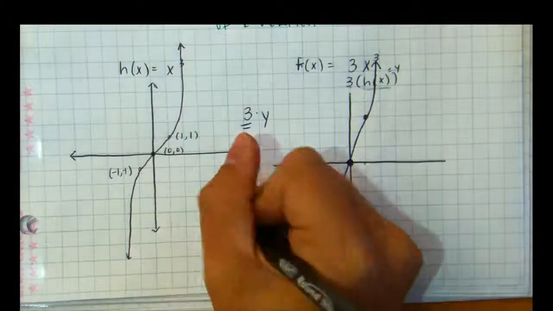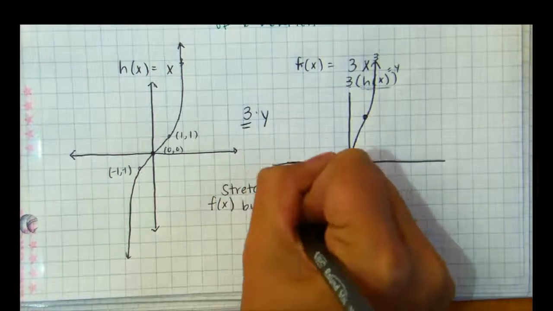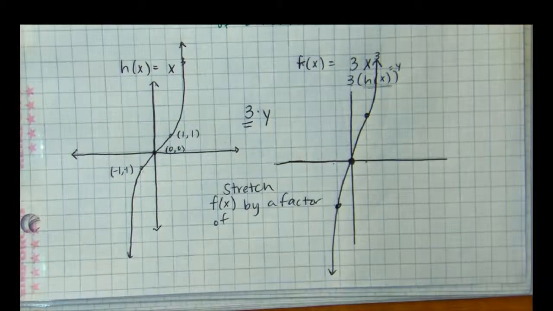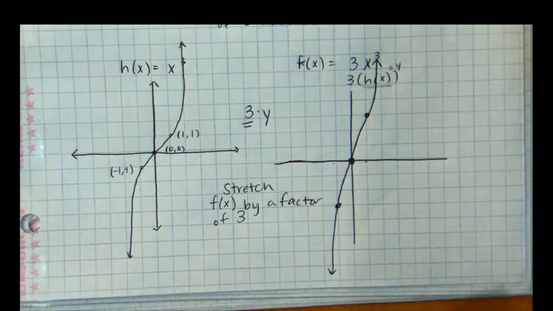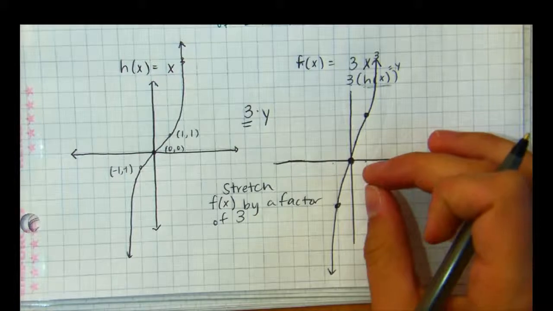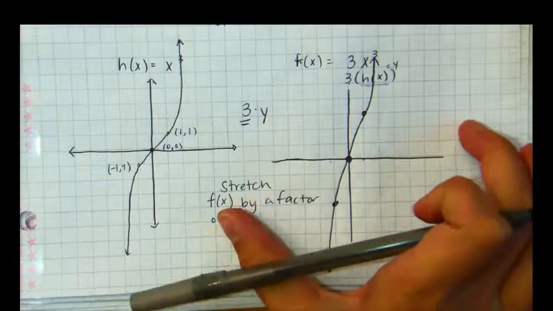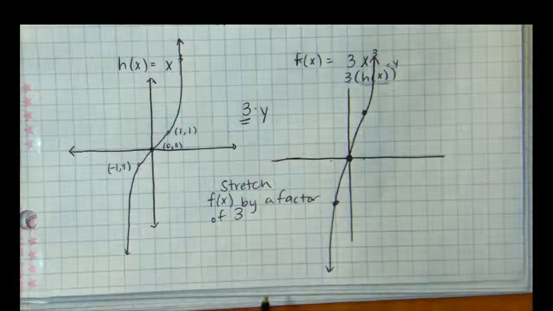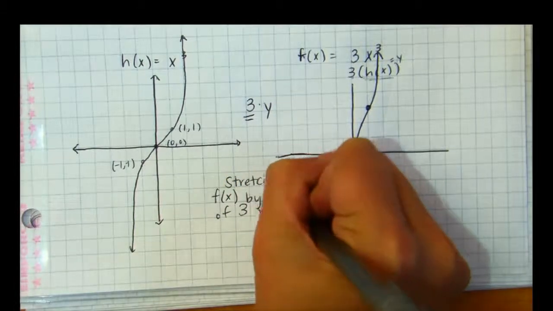I'm stretching my function f of x by a factor of what? Since I'm multiplying by 3, it's a factor of 3. And is this affecting the vertical or the horizontal? This is being stretched vertically.